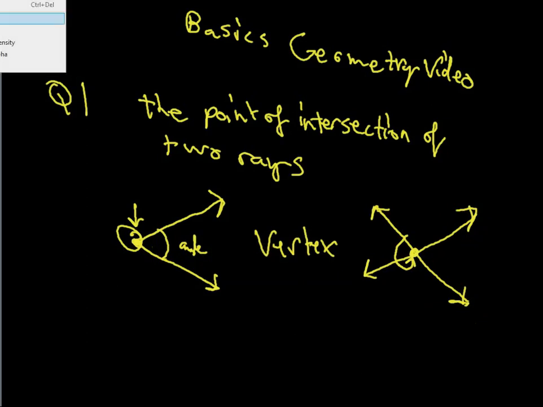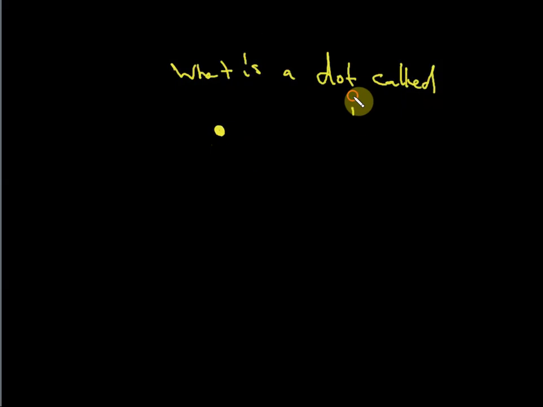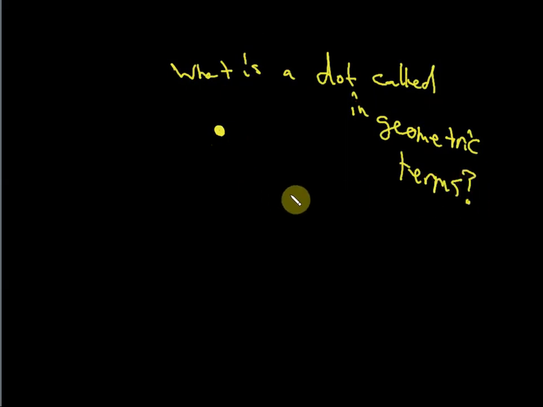All right, let's do the next question. What do we call this? So, to be more clear, what is a dot called in geometric terms? So again, think it through.